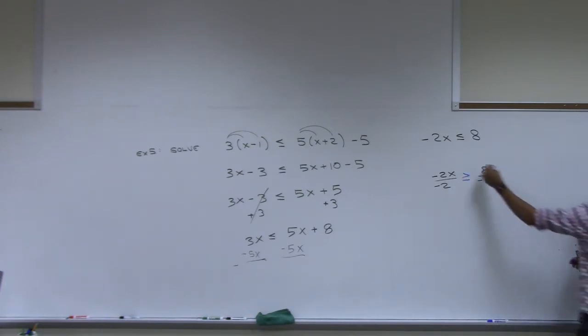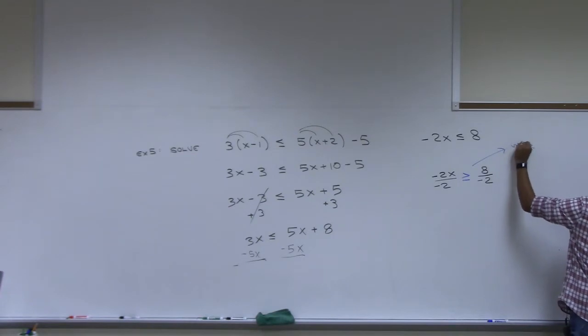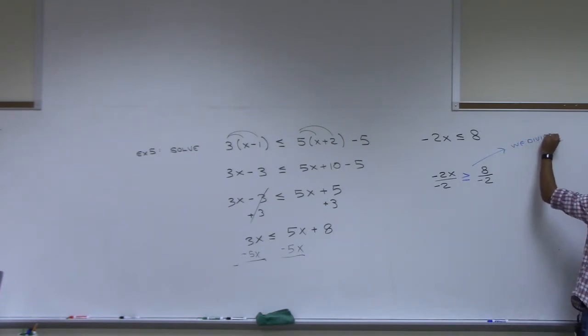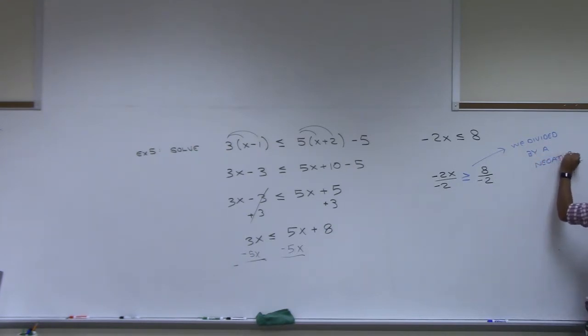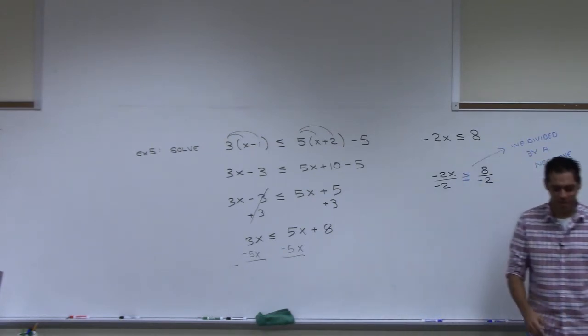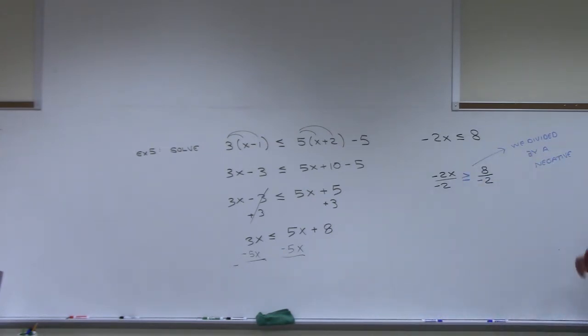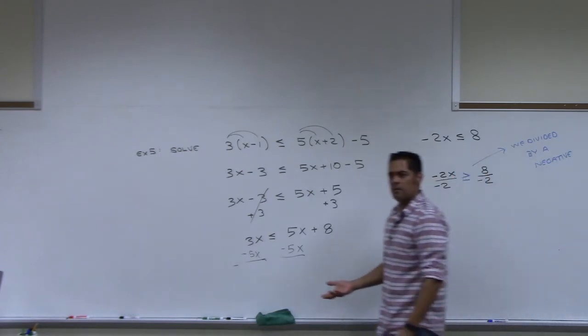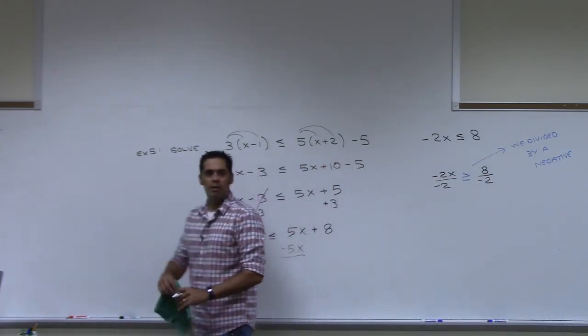And it's because we divided by a negative. Have y'all ever wondered why you have to do that? You just remember to do it and that's it. Who cares, right? It has to do with the fact that a negative times a negative is positive.